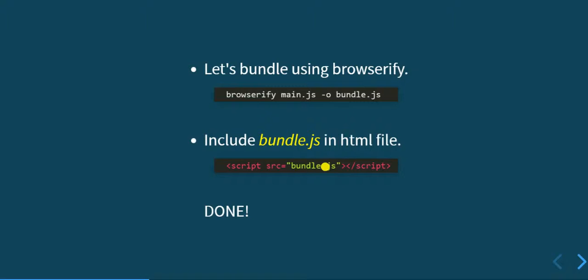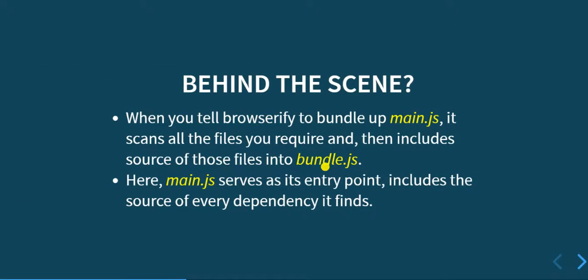using Browserify. So what happens when you call Browserify to bundle up all the JavaScript files? Browserify goes through main.js, which serves as an entry point. It looks for all the dependencies and bundles that into a single source file.